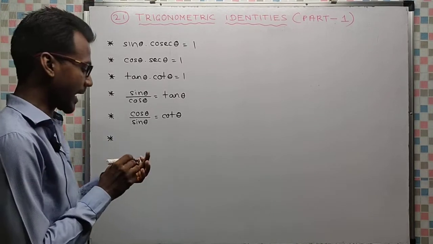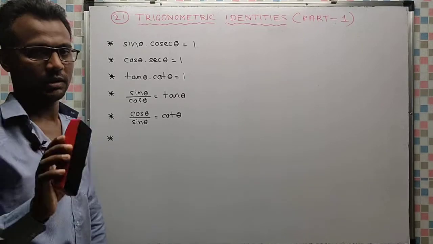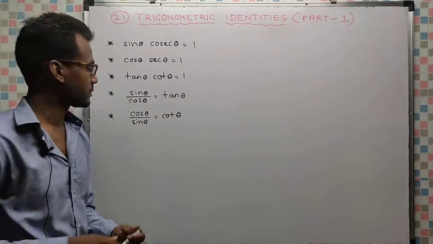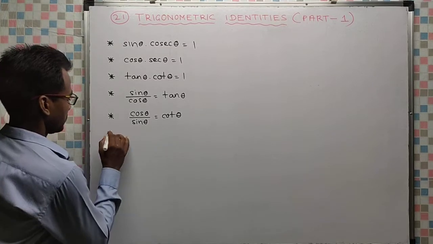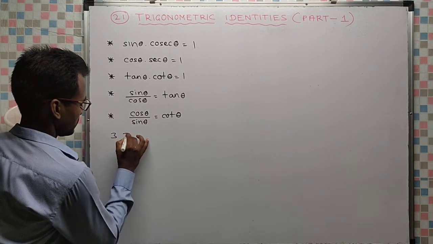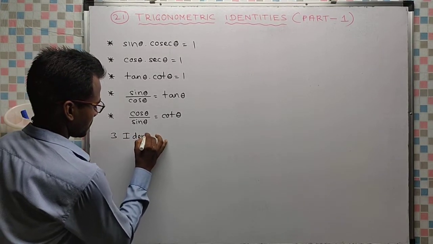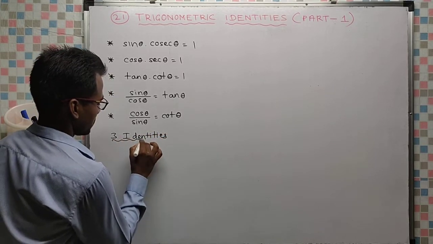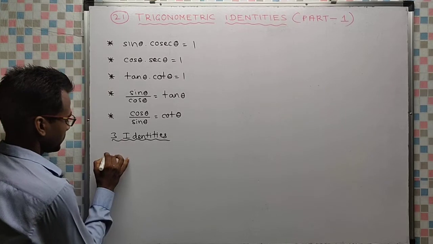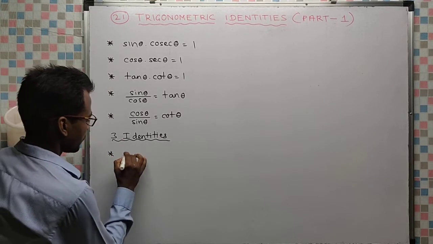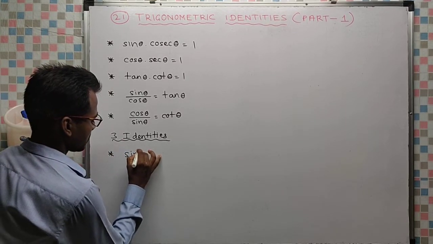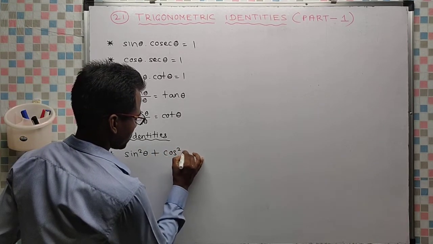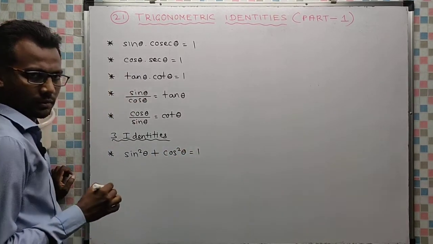Next we have three important identities which I had told you in class 9. First one is sin square theta plus cos square theta is 1.